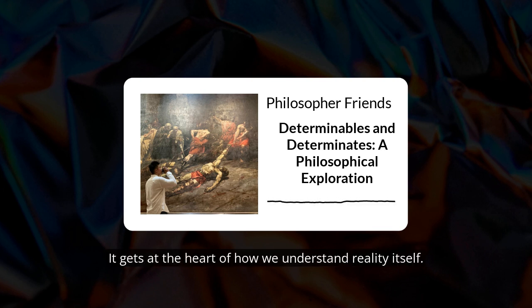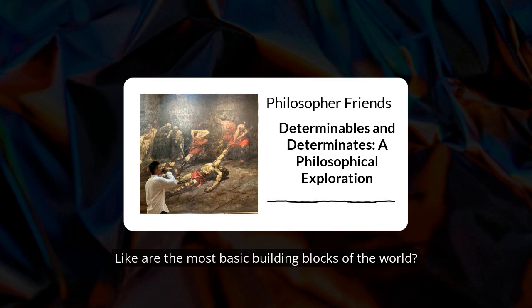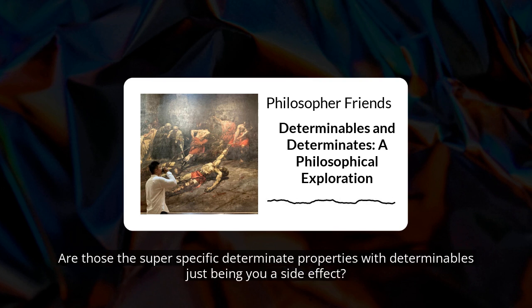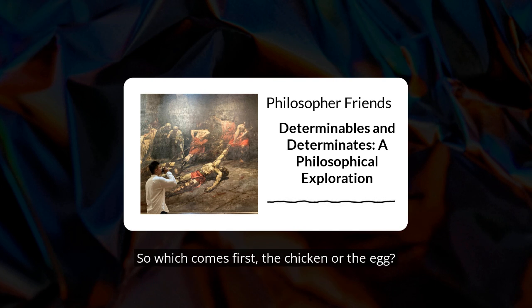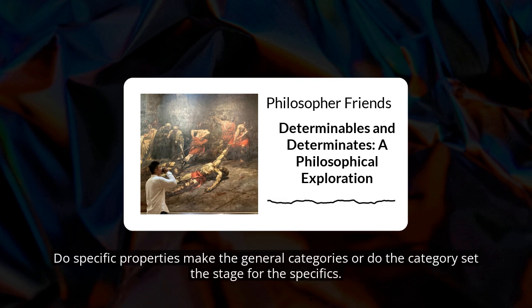It gets at the heart of how we understand reality itself. Are the most basic building blocks of the world the super specific determinate properties, with determinables just being a side effect? Or could determinables be fundamental too, shaping what's even possible for those specific details? So which comes first, the chicken or the egg? Do specific properties make the general categories, or do the categories set the stage for the specifics?